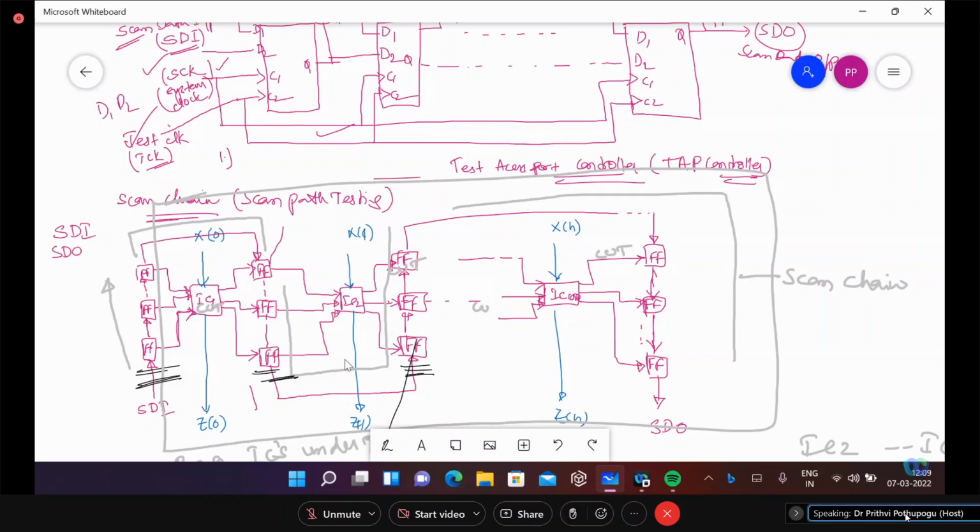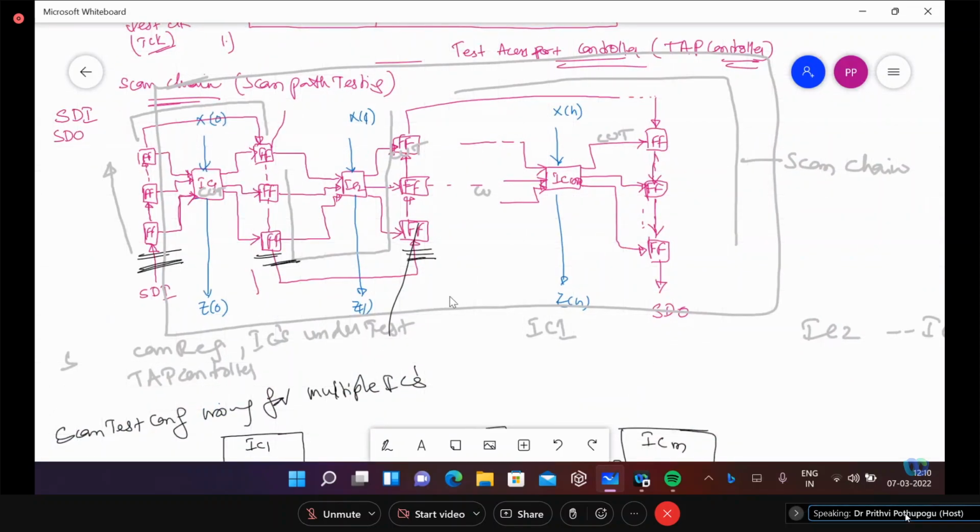It is not a different test sequence you are giving. So if you are giving different sets of test sequence for each clock, stage-wise the system response will be updated through the scan chain, and this is for repeating or similar sort of ICs.